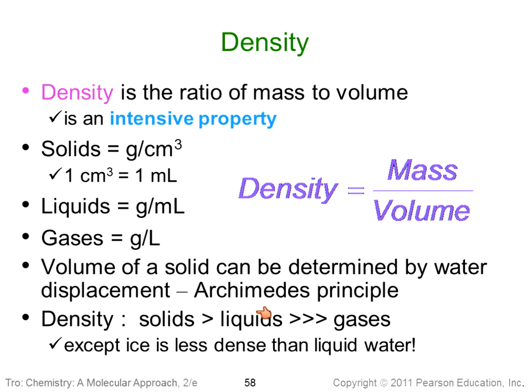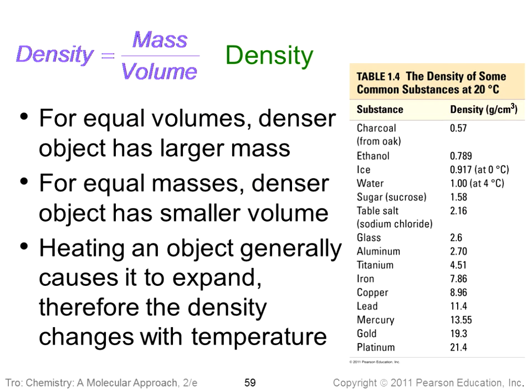Density of solids tend to be much greater than liquids and gases. Big exception is ice. It's less dense than liquid water because you see it floating on water, don't you? Here's some examples of densities of different compounds.